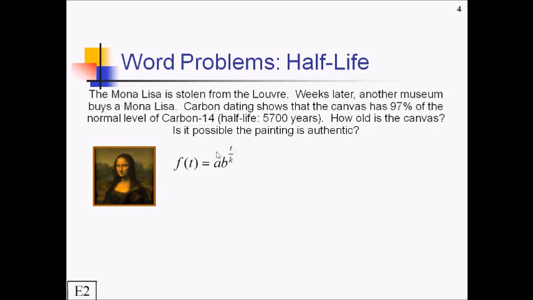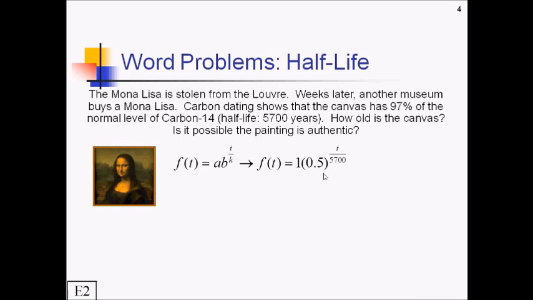You might be a little confused about what the a value should be. On this one, we're starting with 100%, and we're trying to figure out how long it takes that to become 97%. So I'm going to write in 1 for a, because 1 is equivalent to 100%.